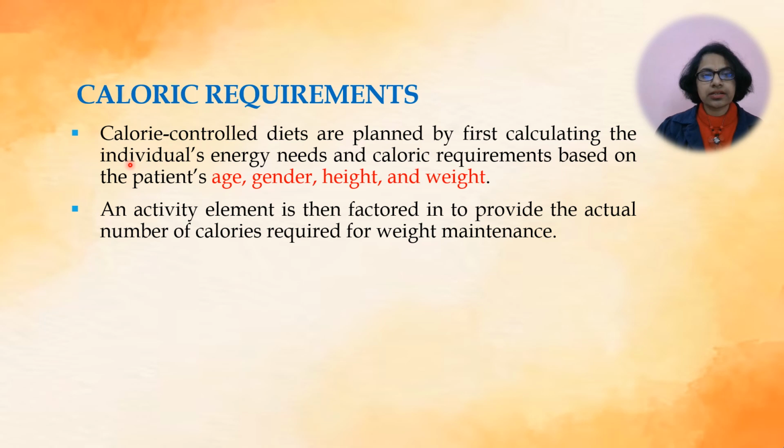Caloric requirements. Calorie-controlled diets are planned by first calculating the individual's energy needs; like BMI, we always have to note calorie requirements based on the patient's age, gender, height, and weight. An activity element is then factored in to provide the actual number of calories required for weight maintenance.